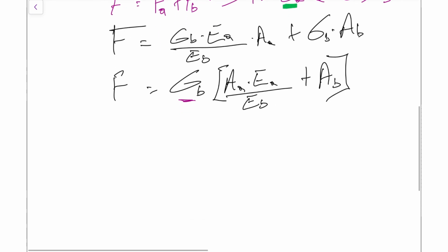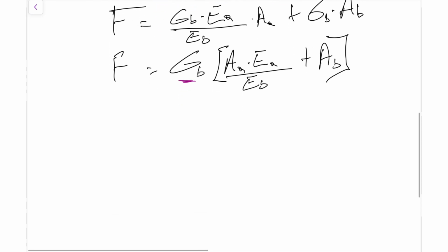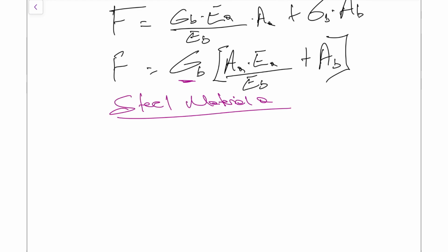So let's start then with the stress for material A, which is the steel. So that's our material A. For this one, we know the force because it's the same force, 150 kilonewtons, so 150 times 10 to the 3.